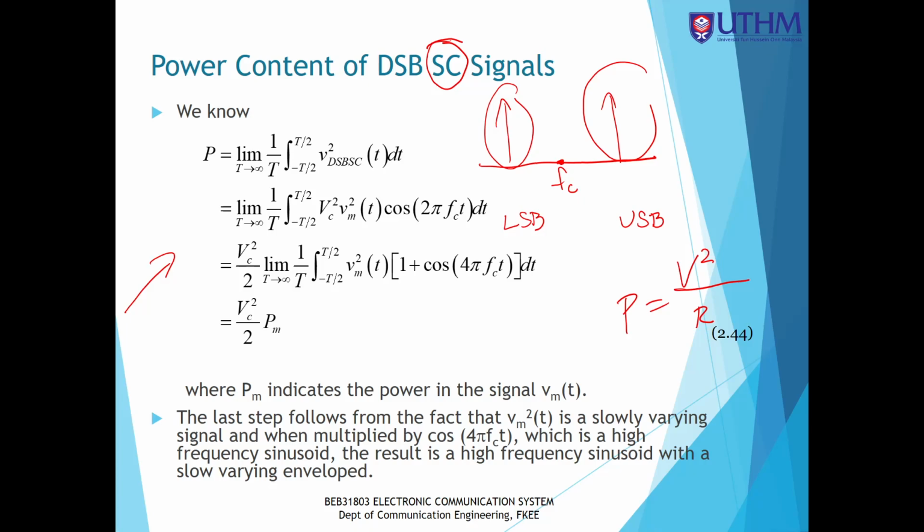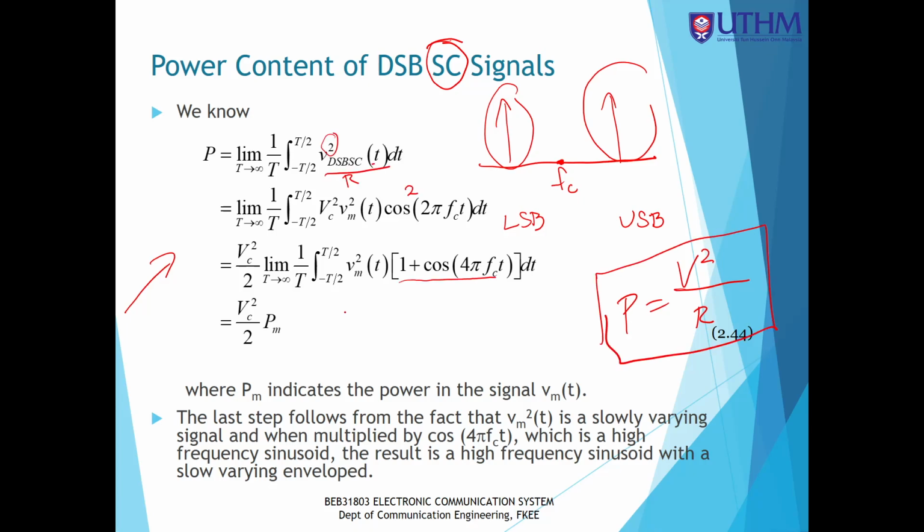So that's why cos square, according to trigonometry identity, becomes 1 over 2, 1 plus cos 2a. A is the FC in this case. So this is cos square, so that means 2 times the frequency, so you get 4 pi FC.